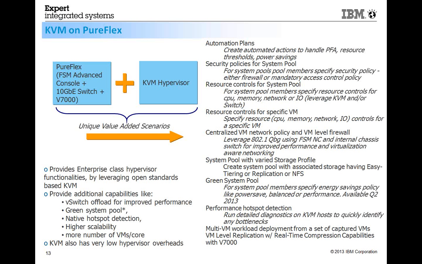We're able to do green pools and performance hotspot detections on KVM environments, right? And able to do multi-VM workload deployment as well. And we spoke of all these things. The key here is, even with Linux, we're able to enhance the power of KVM as a hypervisor.